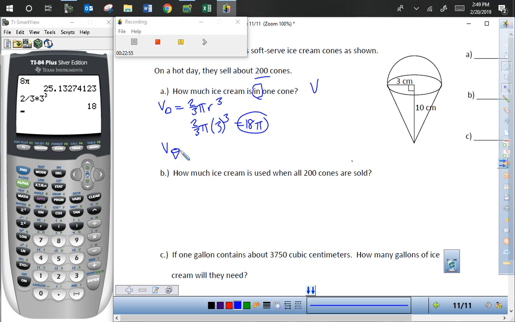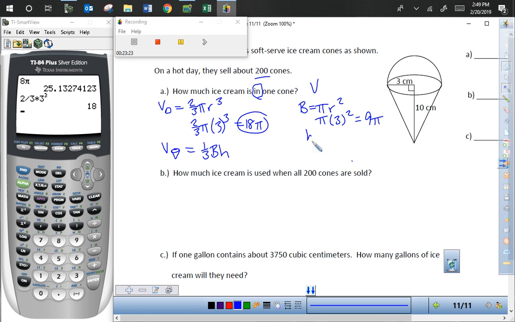Then we have to do the volume of the cone. Since we've got a point on our shape, our formula is 1/3 area of the base times the height. So let's talk about what that area of the base would look like. Big B equals, since it's a circle, pi r squared. That's pi times our radius, 3 squared. 3 squared is 9, so 9 pi here.